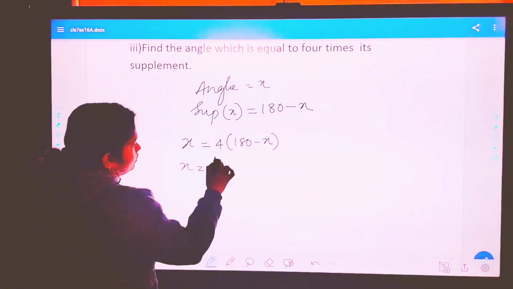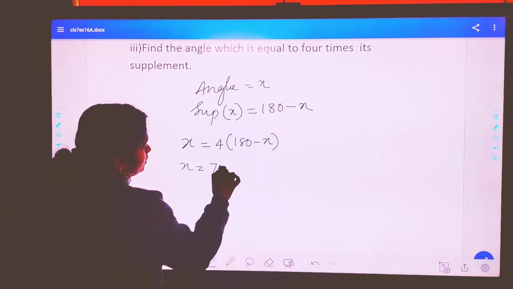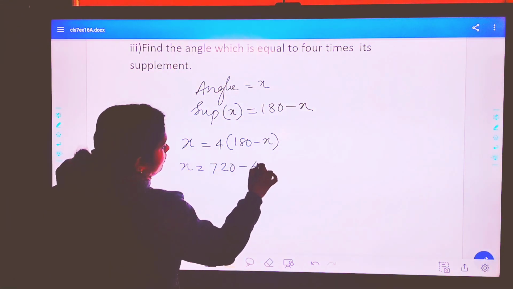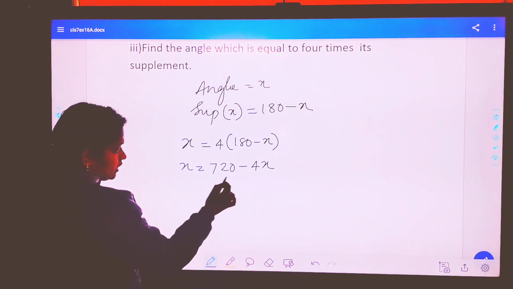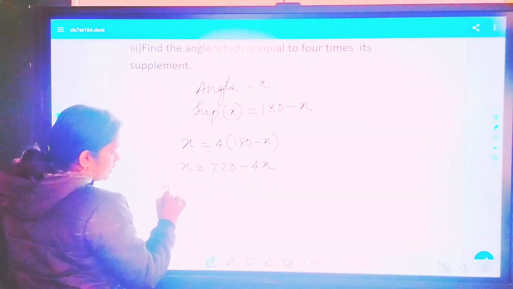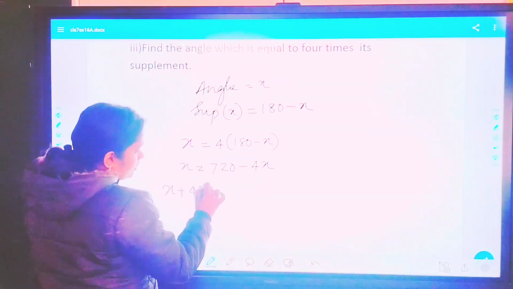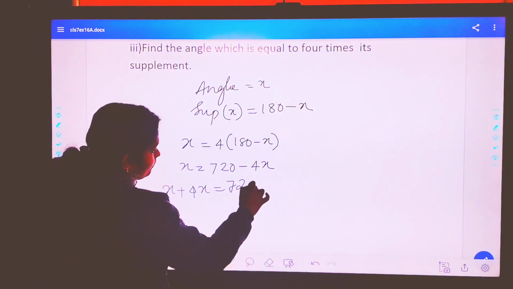Then x is equal to 4 times 180 equal to 720, minus 4 times x equal to 4x. Take the minus 4x to the other side, x plus 4x, that will be 720.